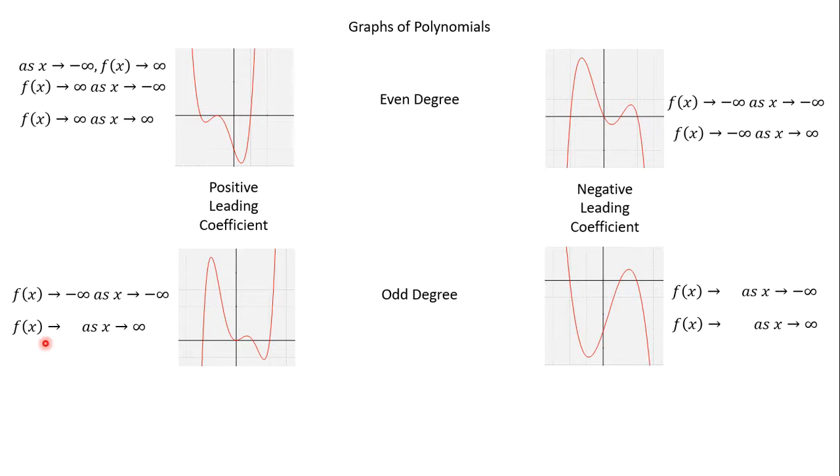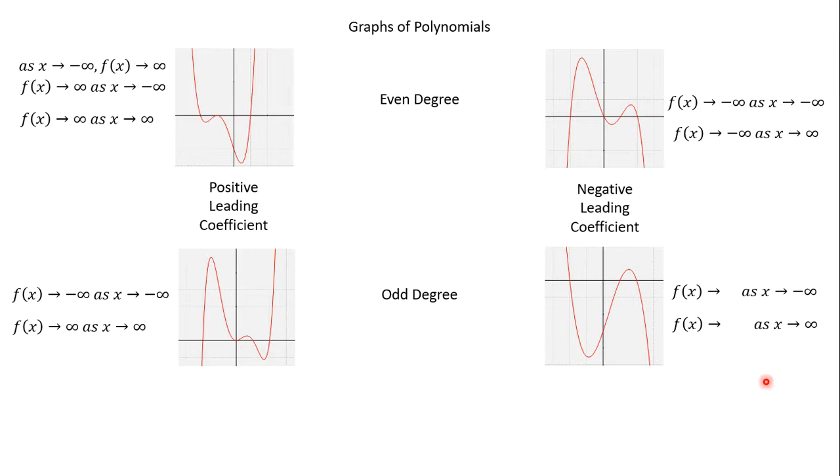And then as x is going to infinity, y is going to infinity. So this is for a positive leading coefficient odd degree. This is the end behavior.